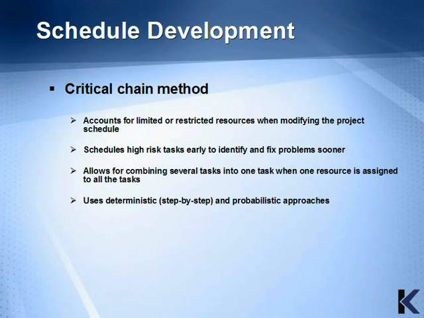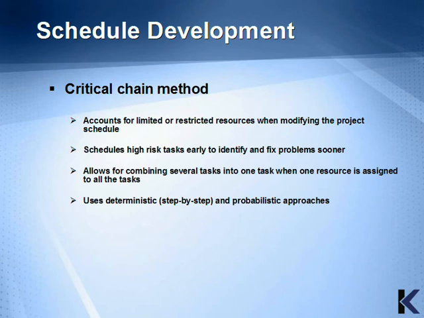There are several variations of the critical chain method, but typically they all account for limited or restricted resources when modifying the project schedule. It schedules high-risk tasks early to identify and fix problems sooner, and it allows for combining several tasks into one task when one resource is assigned to all of them.